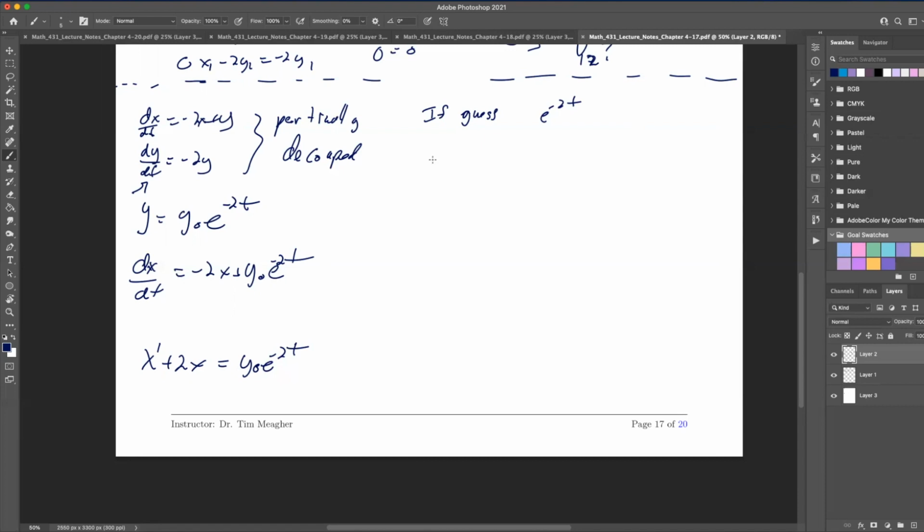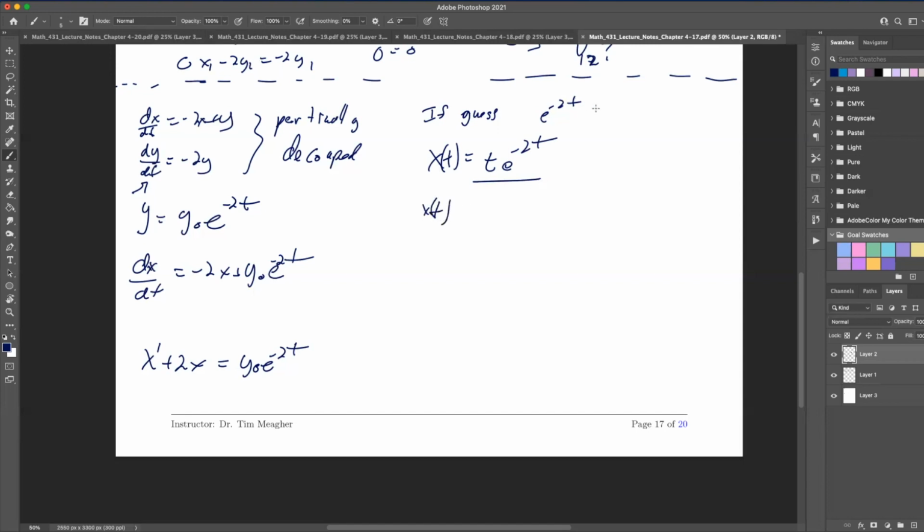It takes a little bit of work. You come to find out that x of t is equal to t e to the minus 2t, which isn't very shocking based off of everything we've learned.